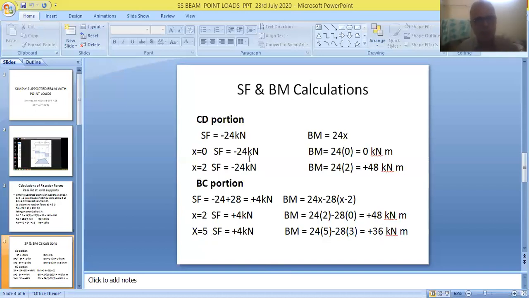So friends, we have done the same thing while doing the CD portion analysis. The same rules are to be applied for the BC portion, and the same rules again are to be applied for the AB portion also.